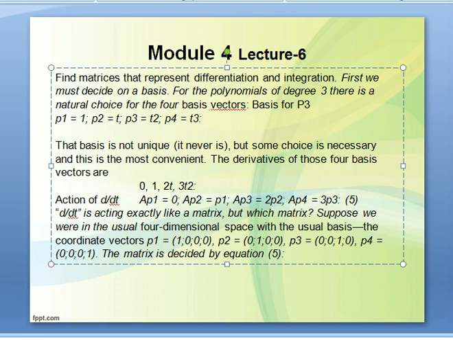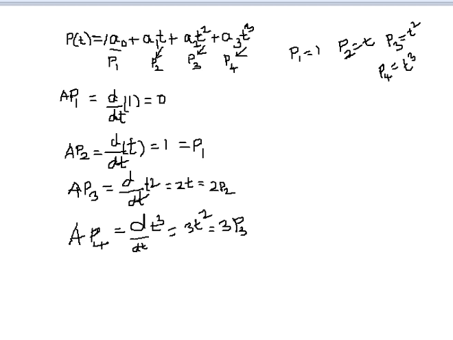A 4-dimensional identity matrix would look like this: 1 and three zeros, then 0 1 0 0, then 0 0 1 0, and finally three zeros and a 1.